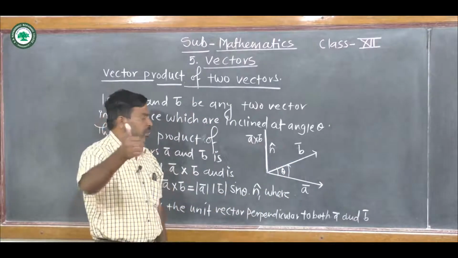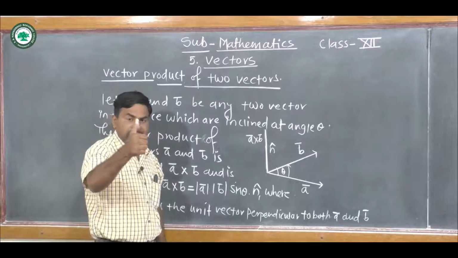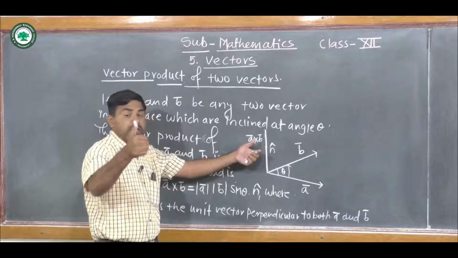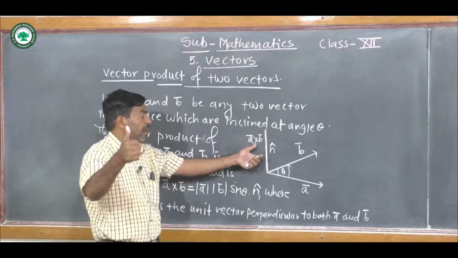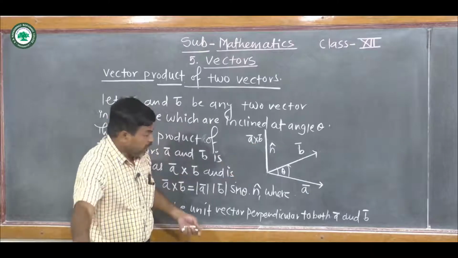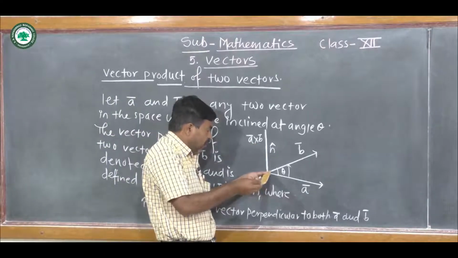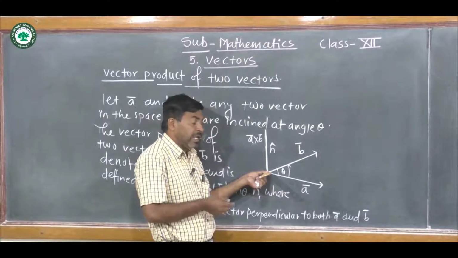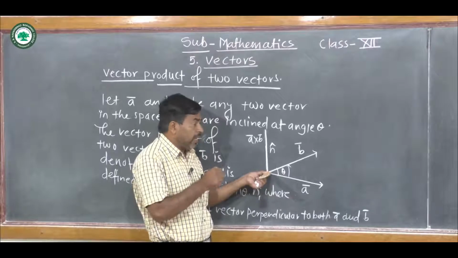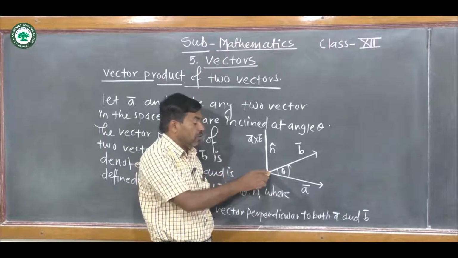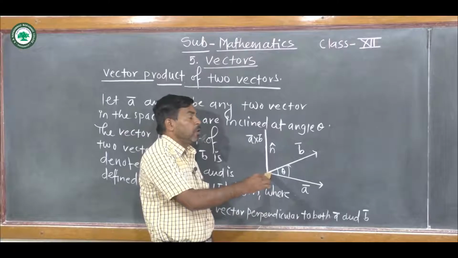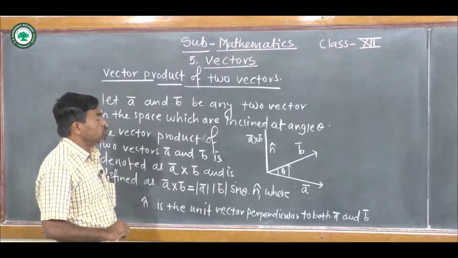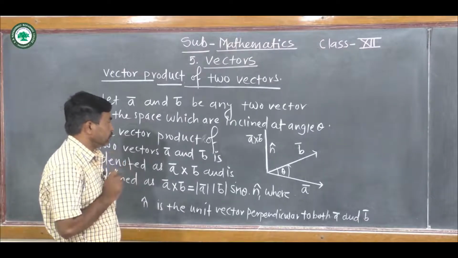So this curly finger shows the order of A bar and B bar, and this thumb shows the direction of A bar cross B bar. See here, if this is the vector A bar cross B bar, which is perpendicular to the plane of A bar and B bar as well as perpendicular to A bar and B bar, and n cap is the unit vector along this A bar cross B bar. So this is the definition of vector product of two non-zero vectors.